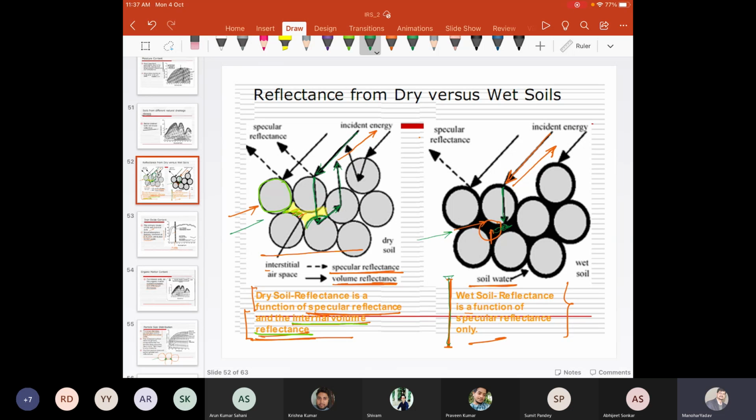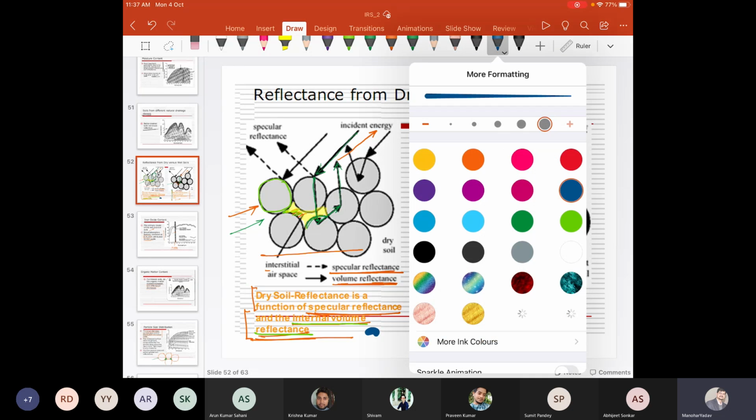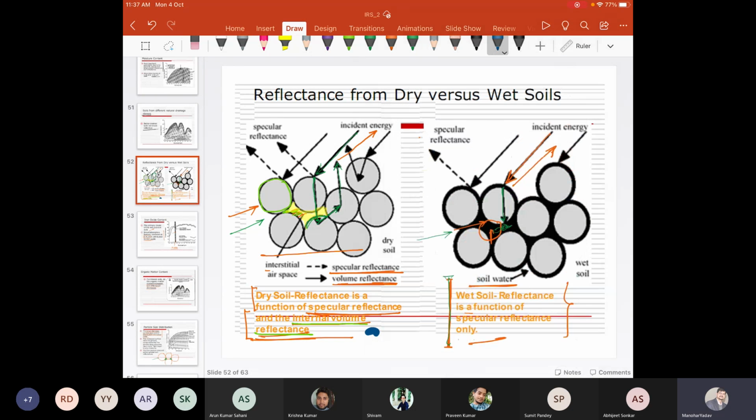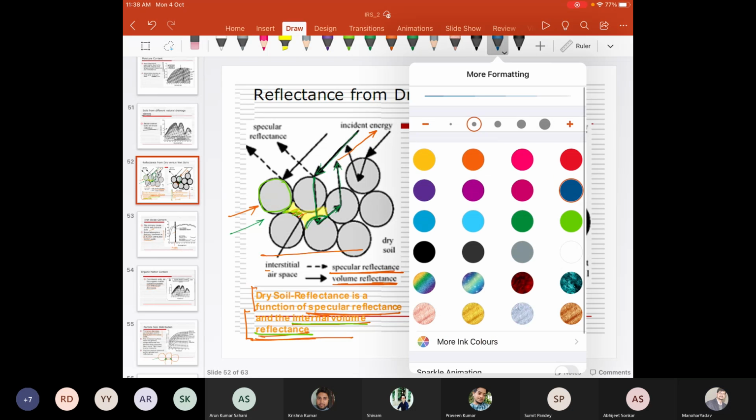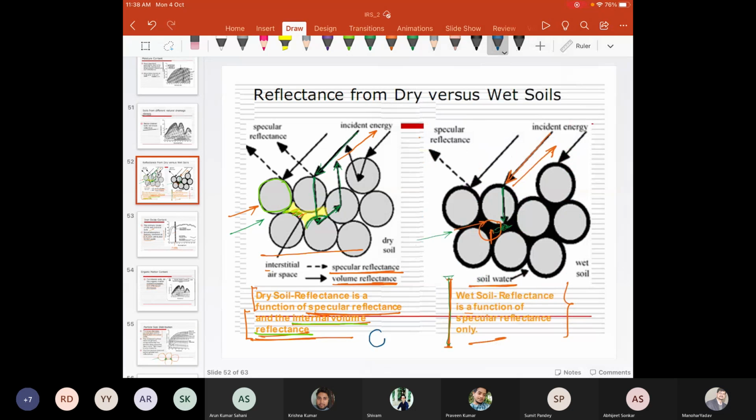Now, when we analyze the effect of the size of the particle on the reflectance, if we decrease the particle size, and these particles are small in size, then what will happen? In that case, the void volume will decrease.